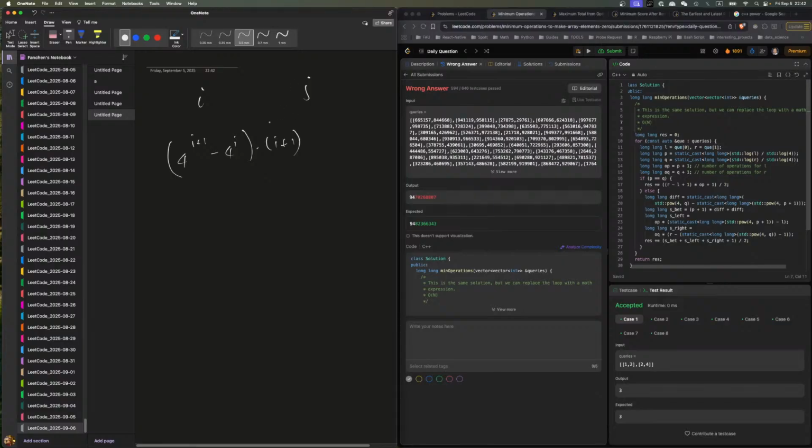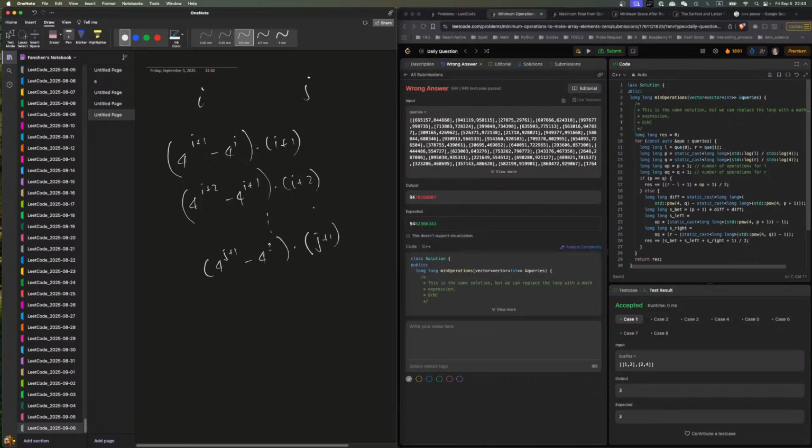Then the next one is i plus 2, so it's 4^(i+2) minus 4^(i+1), times i plus 2. And then we keep going up until the last one, which is 4^(j+1) minus 4 to the whatever, and this is going to be j plus 1. It doesn't matter which one it is, we just keep going.